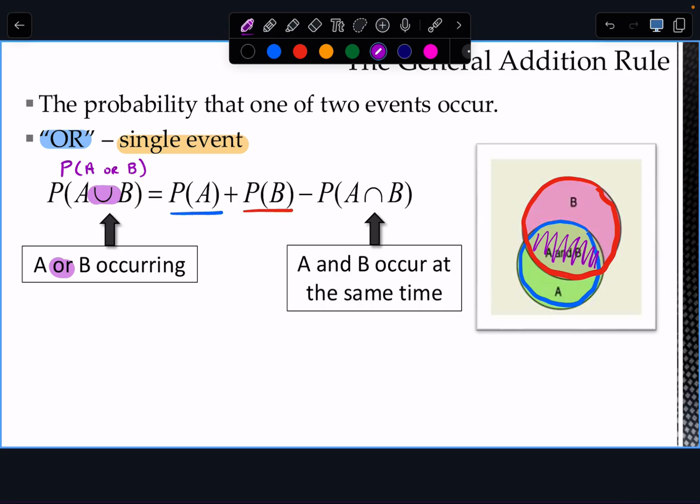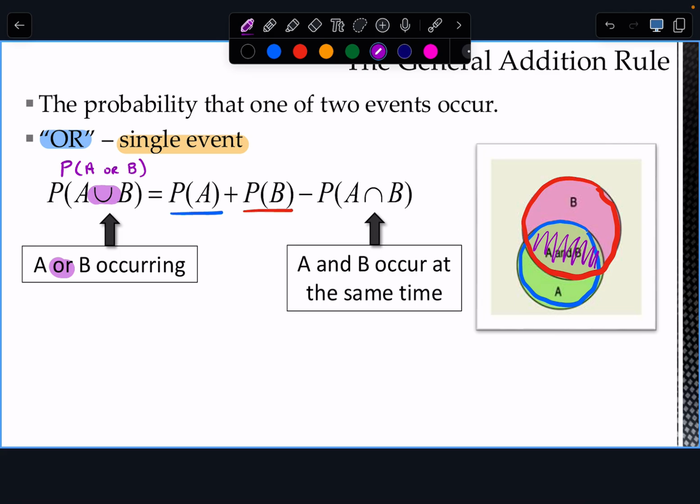When I count my red cards, I have 26 red cards. I have 4 4s, but I've used the 2 red 4s twice. I used them in the 26 and I used them in the 4. So I need to take one set of them back out. That's where that minus, that last part of the formula, comes in. If I'm not mutually exclusive, there's overlap that I have to account for.